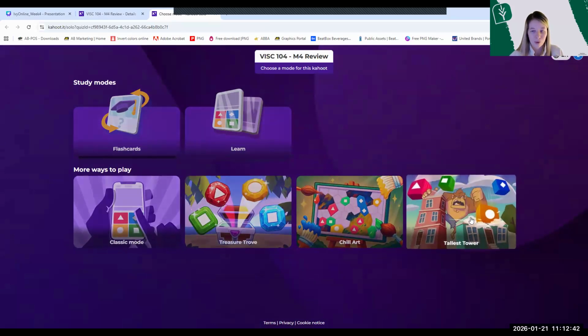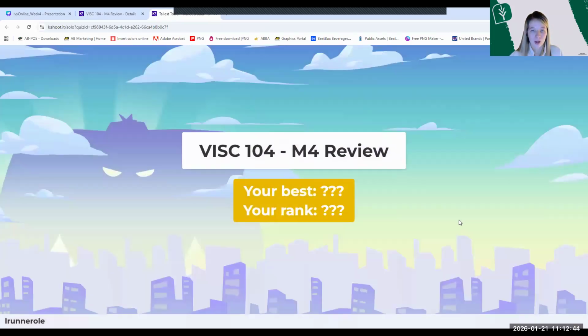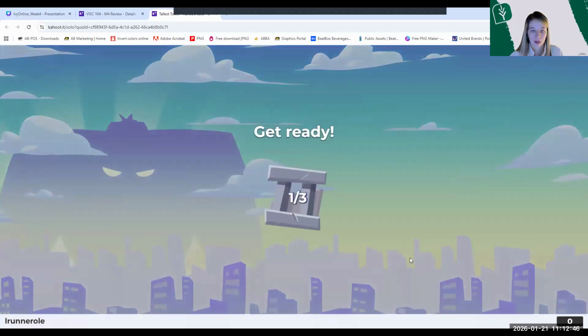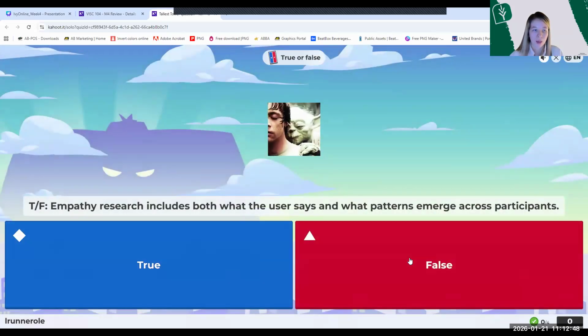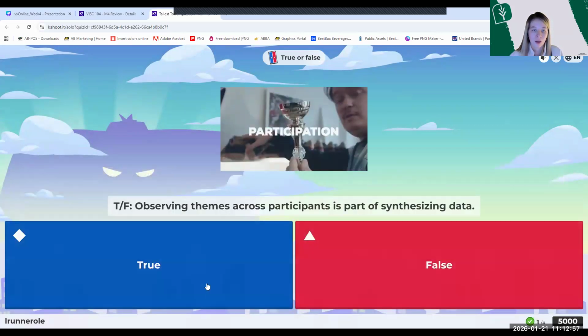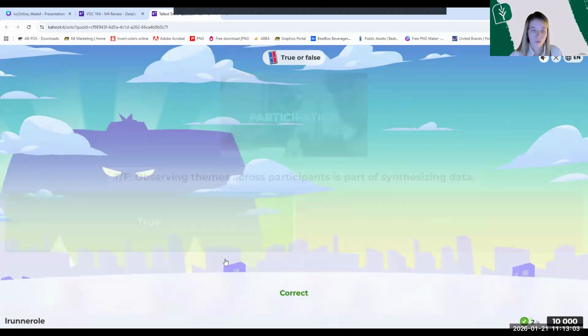I like classic mode, but I'll do this one. Best rank. True or false, empathy research includes both what the user says and what the patterns emerge from participants. I want to get through this. I'm just going to hit true. Observing themes across participants is part of synthesizing data. True.